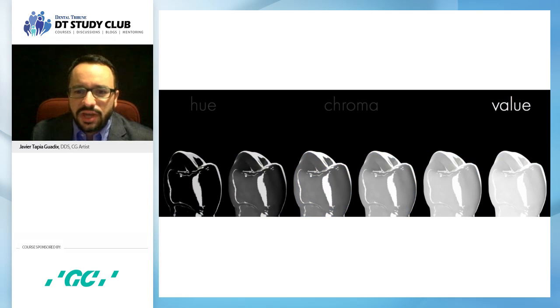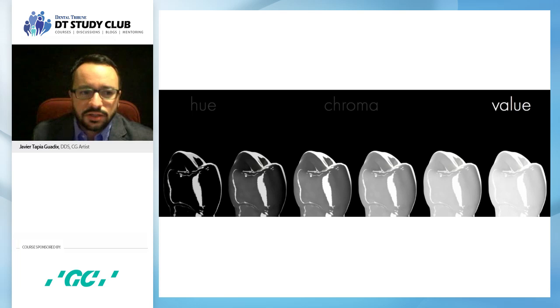And finally, we have value. Value is probably the most complicated to understand. It's always the one that is generating more problems, and it's also because it's not really visible on many shade guides. So value can be defined as the amount of light that the tooth is going to reflect. If the tooth is going to reflect a lot of light, it's going to be very bright, very whitish.